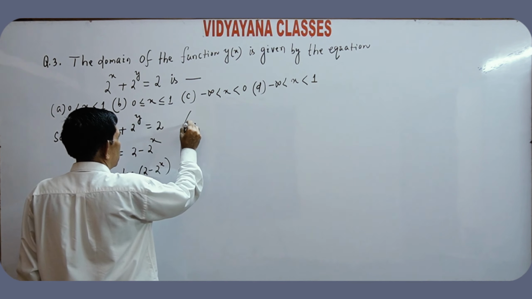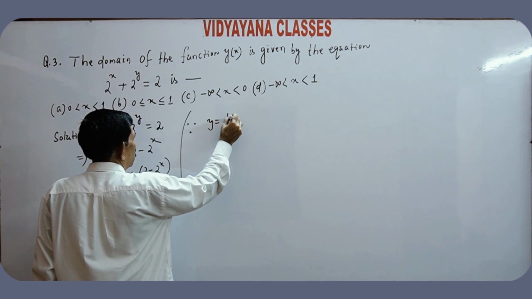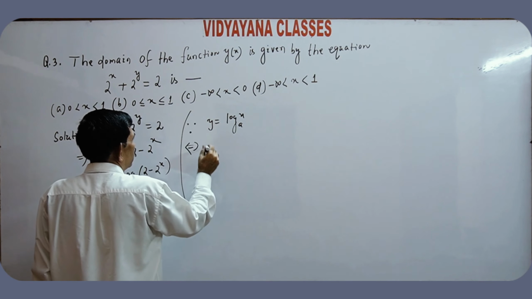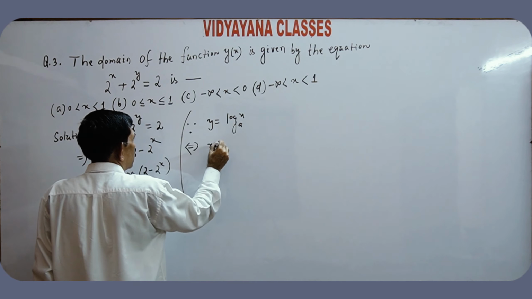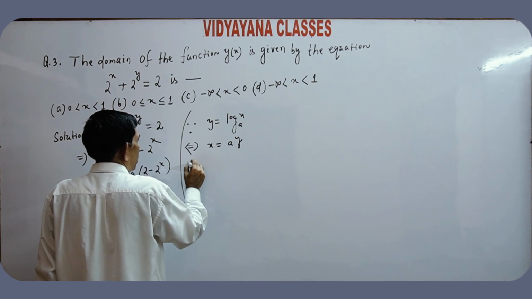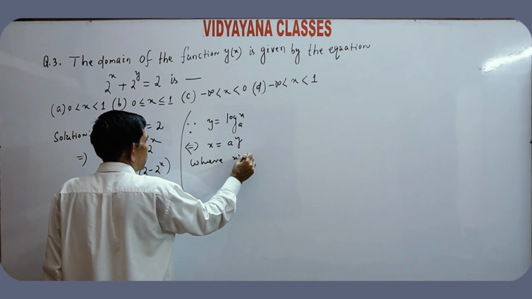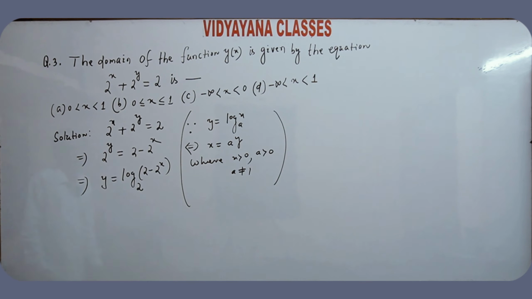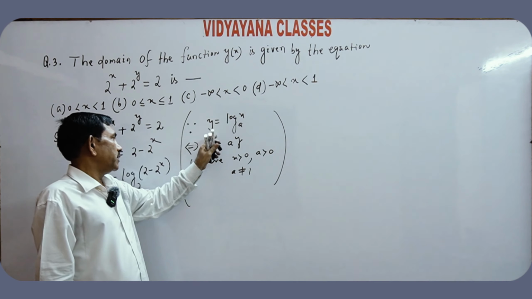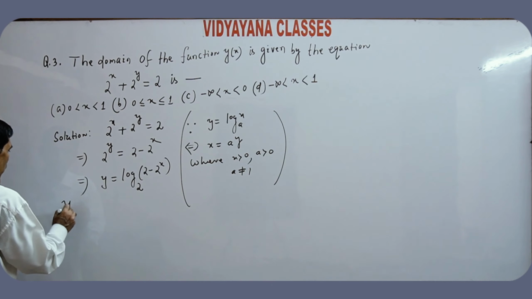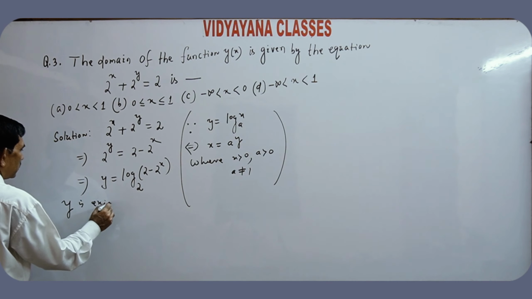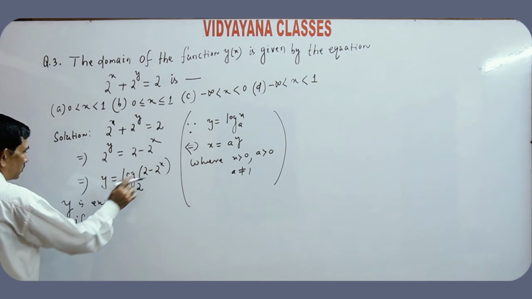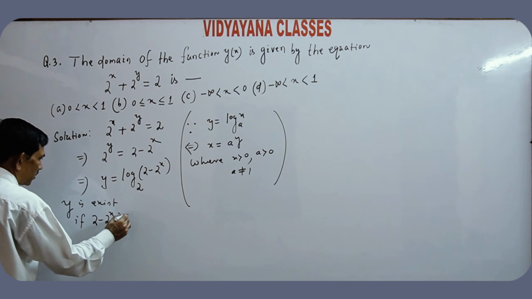Since y = log x with base a implies x = a^y, where x > 0, a > 0, a ≠ 1, the function y exists if 2 − 2^x > 0.